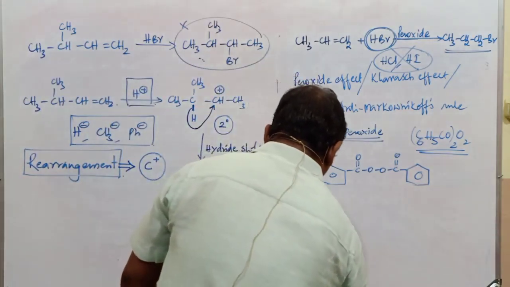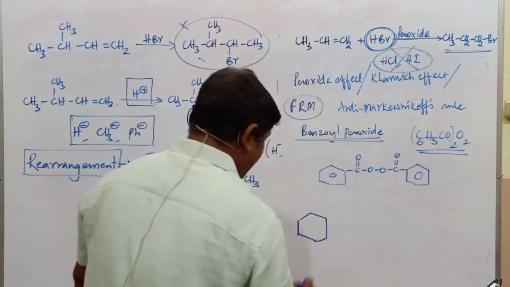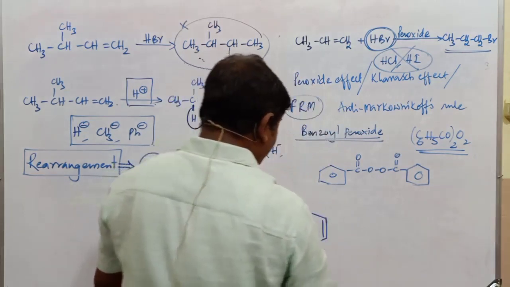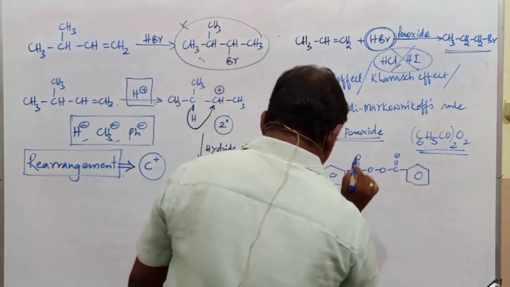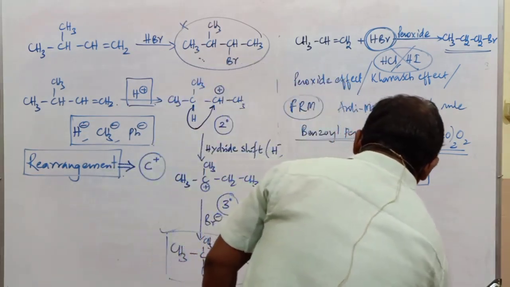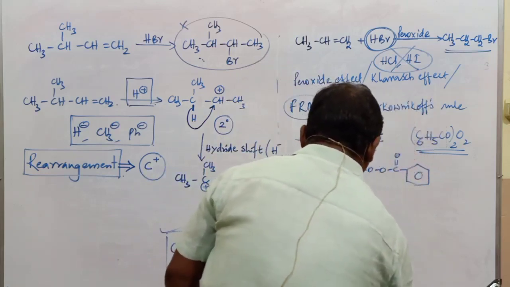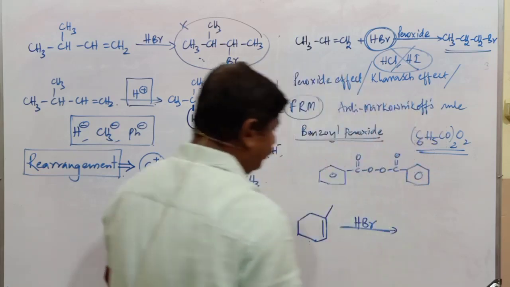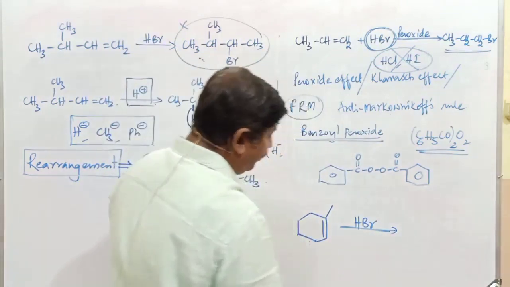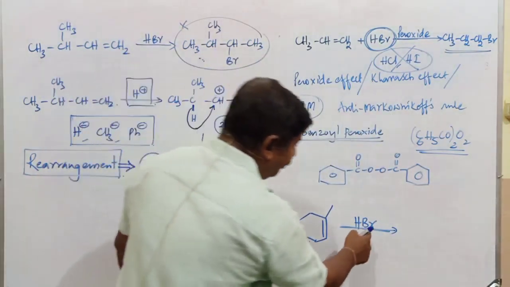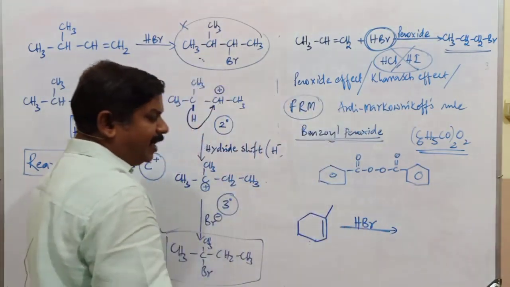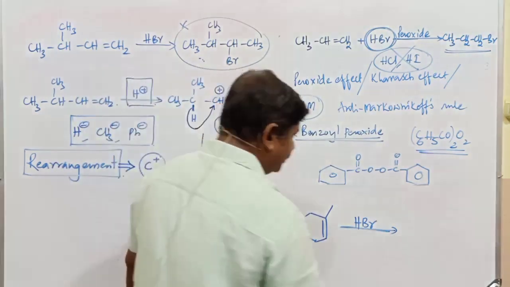Suppose I go with one reaction, with this particular substance. When the molecule is treated with HBr, hydrogen bromide, what is the possible product? Bromine is going to be added to the carbon atom having fewer hydrogen atoms.